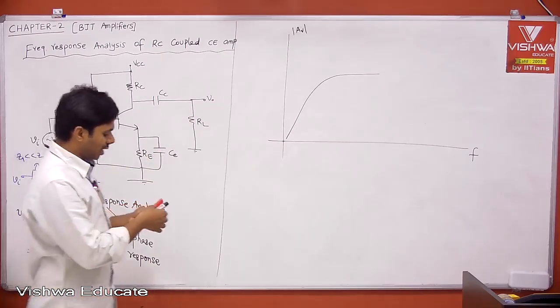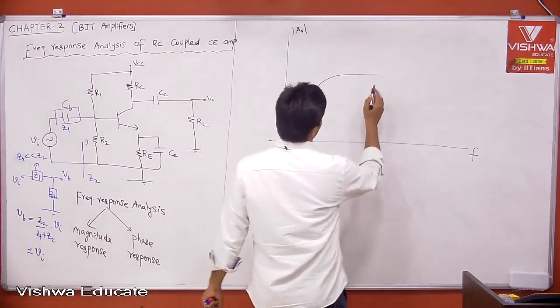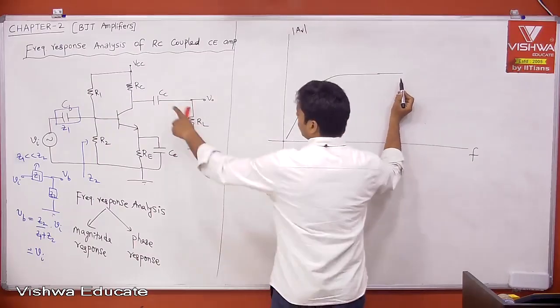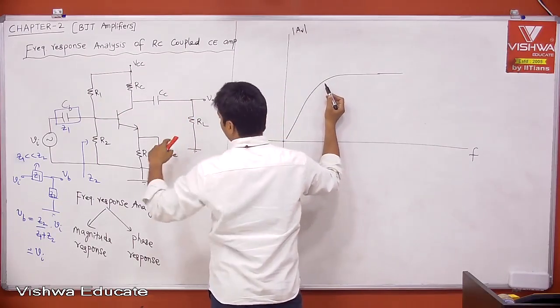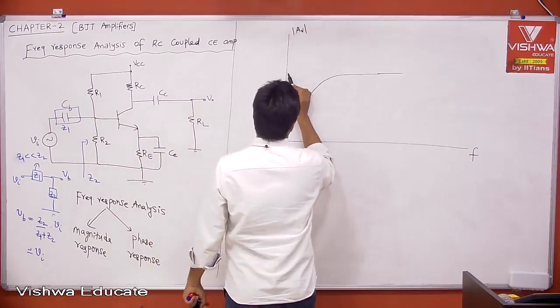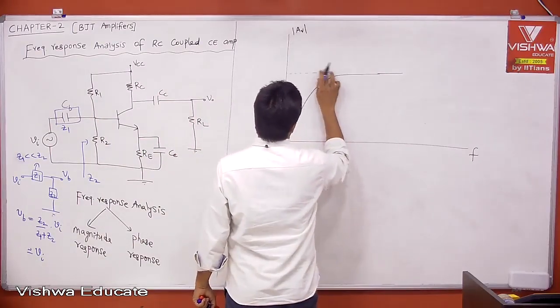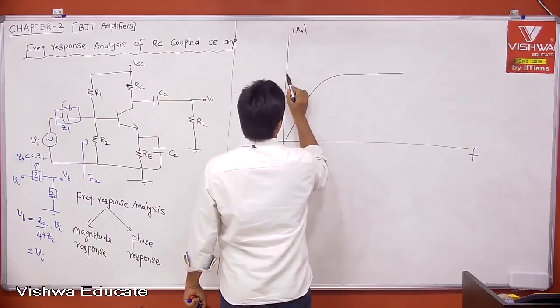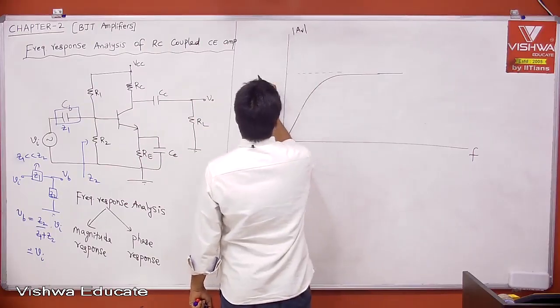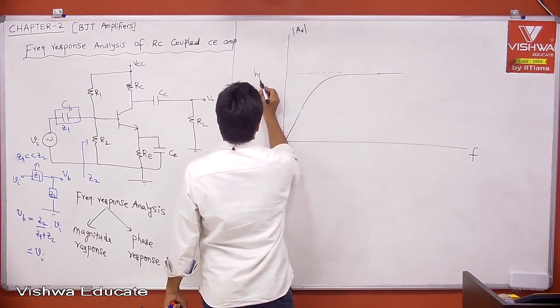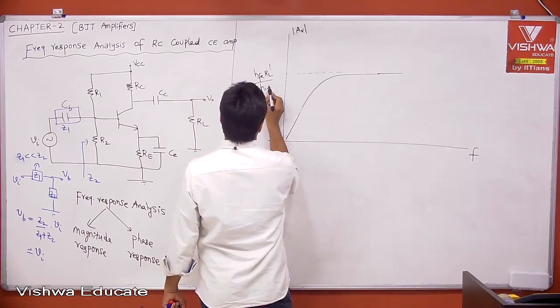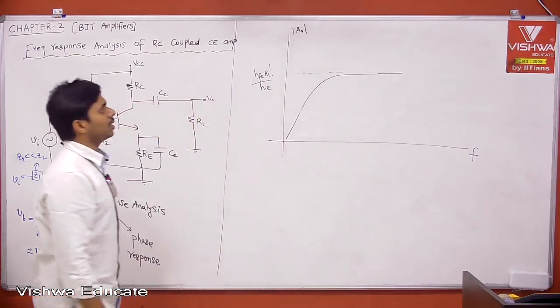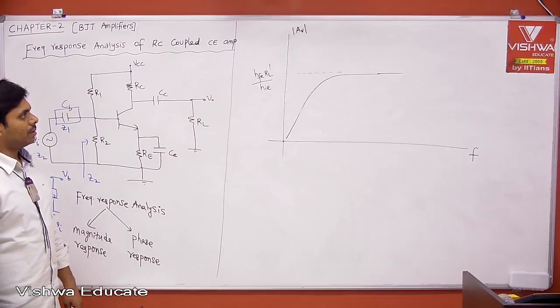Therefore, if you consider that at a given frequency, the lower cutoff frequency, these are all almost short circuits, then the gain will be almost flat, and you can say this is the gain we calculated from the h parameter model, which is nothing but hfe into RL dash divided by hie. This is our voltage gain, right?